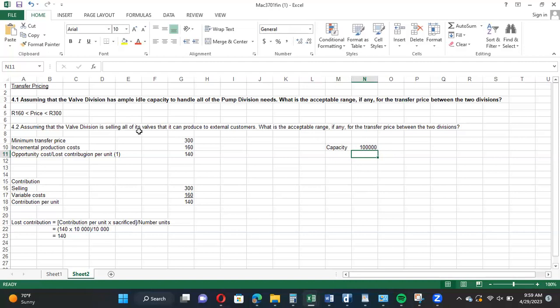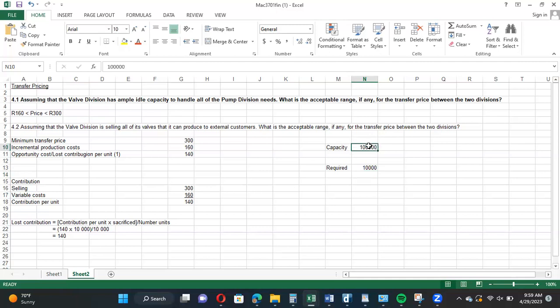The quantity required by the other division within the same organization is 10,000. So the unit sacrifice there is still 10,000 because they had full capacity.